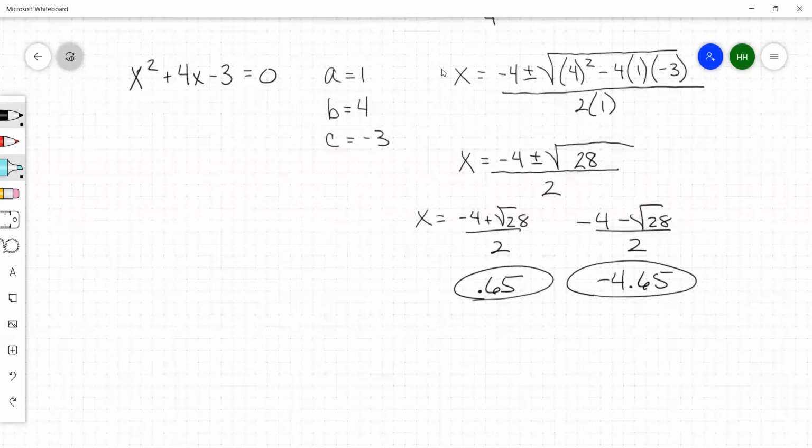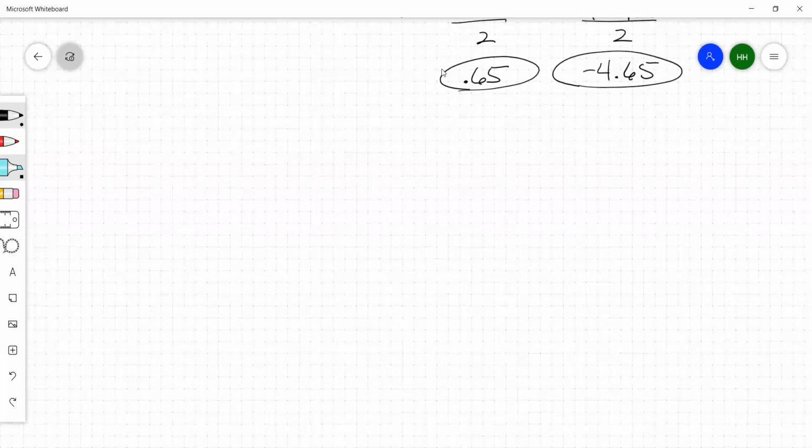All right, the second part of your lesson today, we're going to talk about the discriminant.